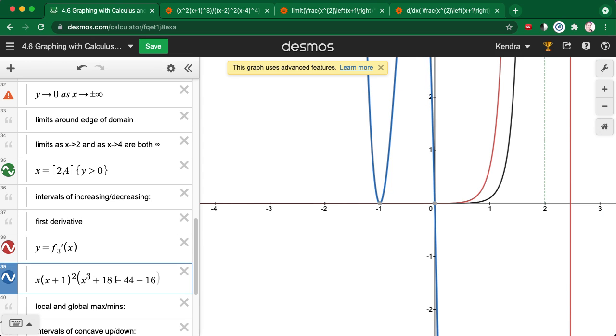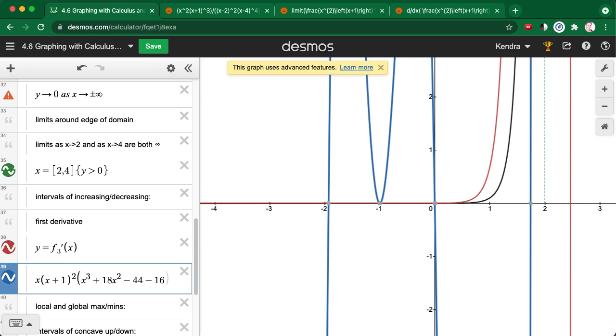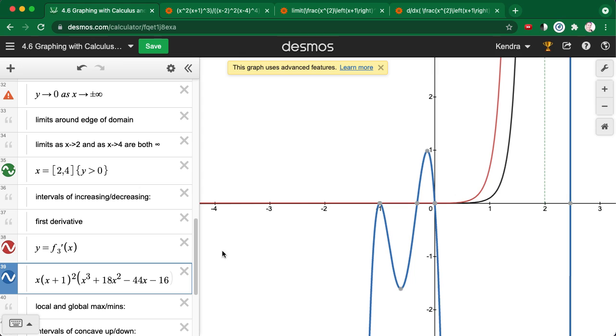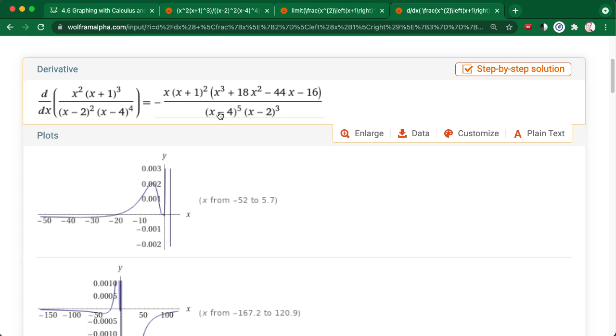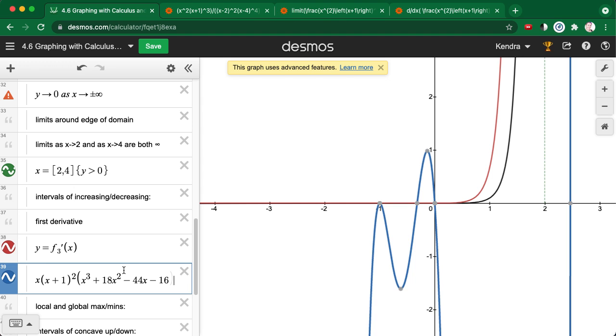So this is an x squared term. Double check. Yeah, okay. X minus 4 to the fifth, x minus 2 to the third.